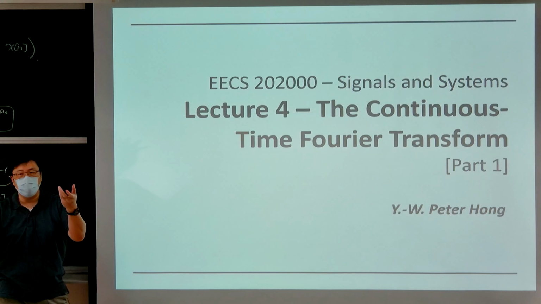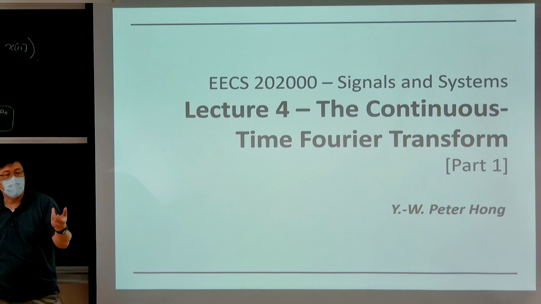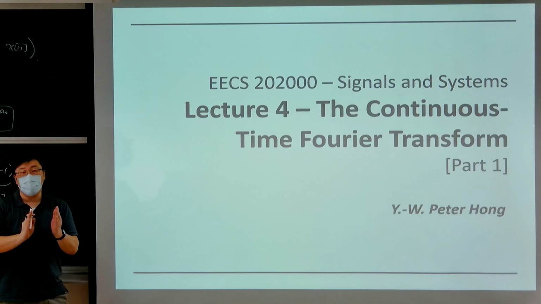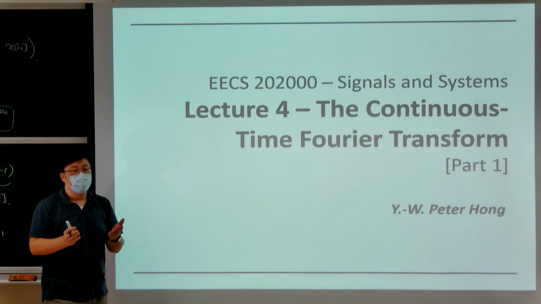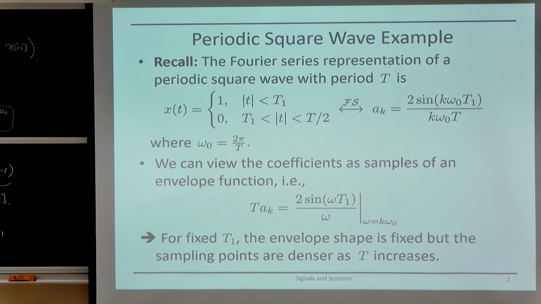So if we have a periodic signal where the replicas are repeated at a time capital T that goes to infinity, then we're essentially looking at an aperiodic signal. So that's the insight here.